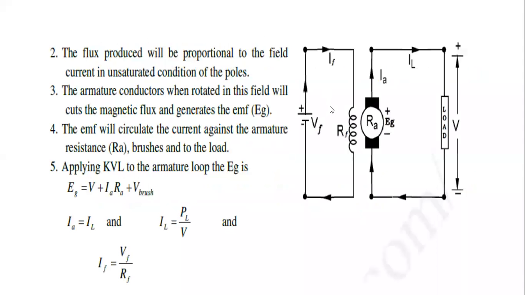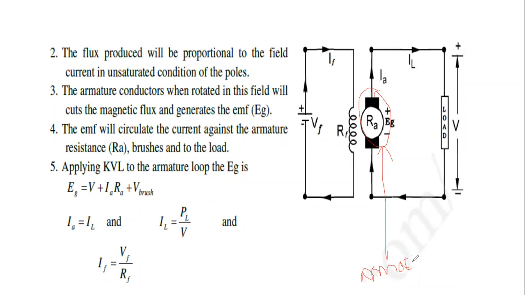Next, coming to the diagram for the separately excited DC generator. This is the armature of a DC generator. This is the symbol for that armature, and this is the field winding.